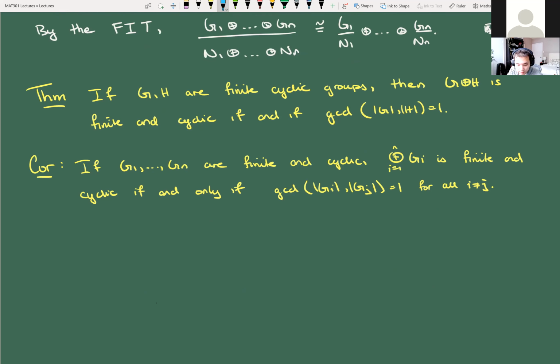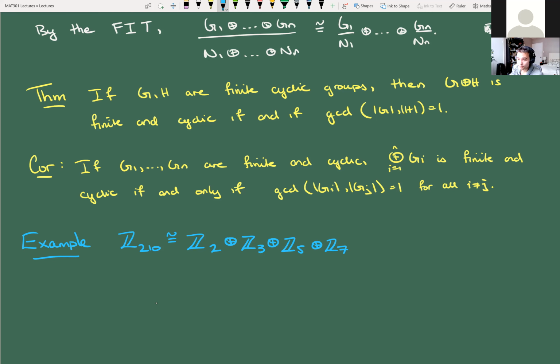So for example, what example did I choose? I'm going to choose Z210. The reason I chose this is because, assuming that I remember how to multiply, 6 times 35, so it's 180 plus 30, that's 210.